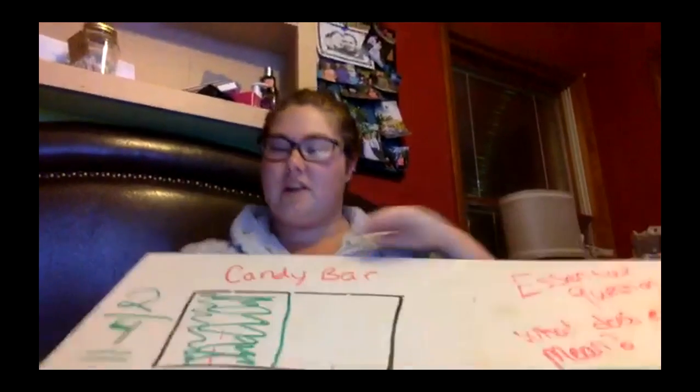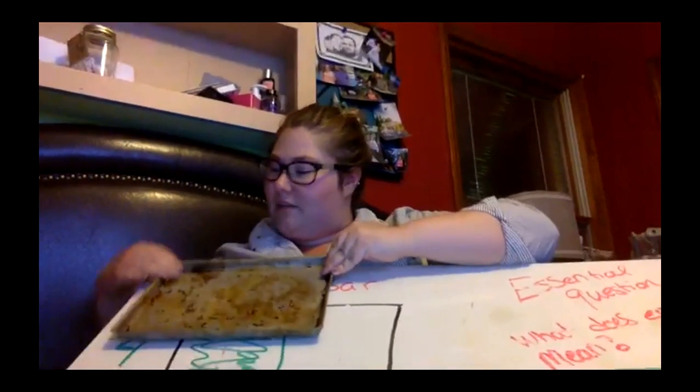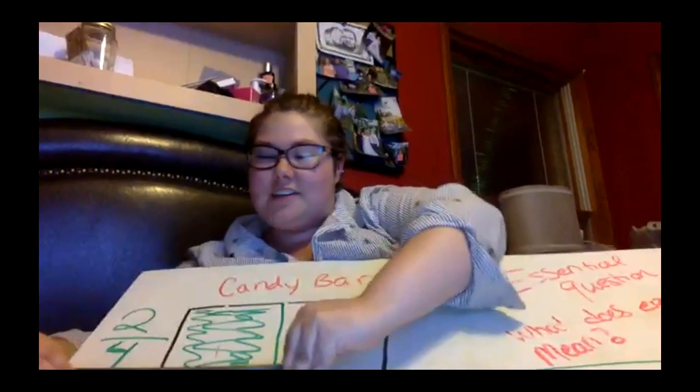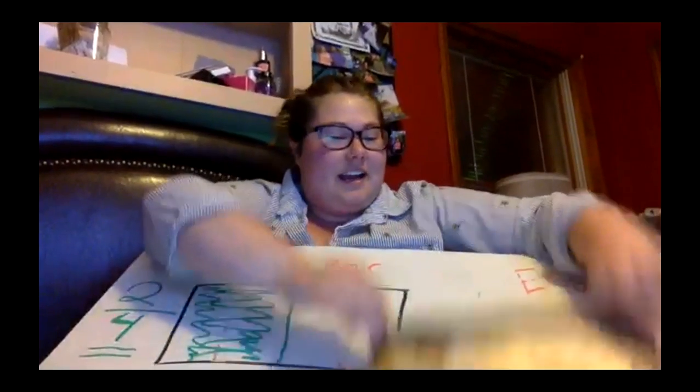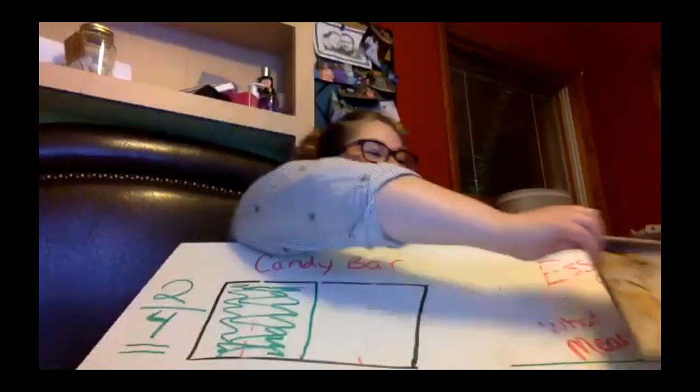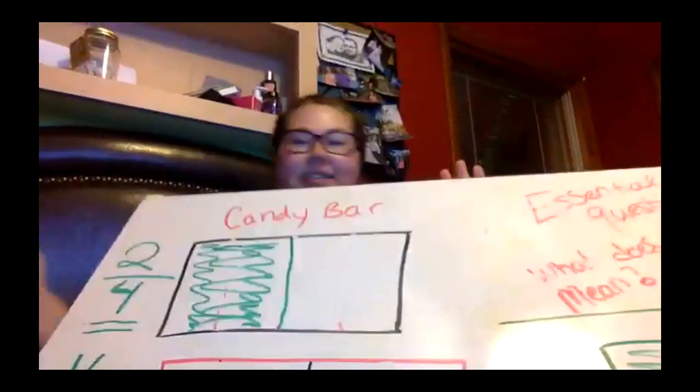Okay, now that y'all have finished your recipe and you have put it in your pan, and you've brought your pans to me, y'all just pretend like this is my huge pan. All right, we had 4 groups, so we have 1, 2, 3, 4, 5, 6 pans.